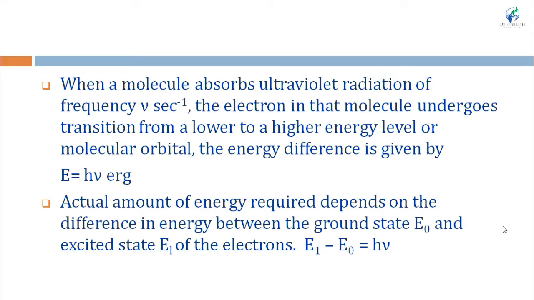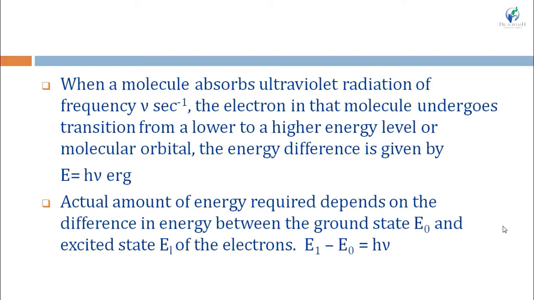The energy difference is given by E is equal to h into mu. This equation we have already seen in the introduction part of spectroscopy, that energy E is equal to h into mu, where h is Planck's constant and mu is the frequency.